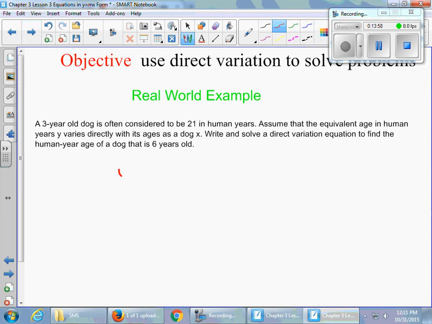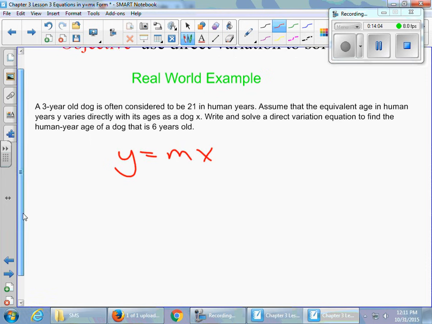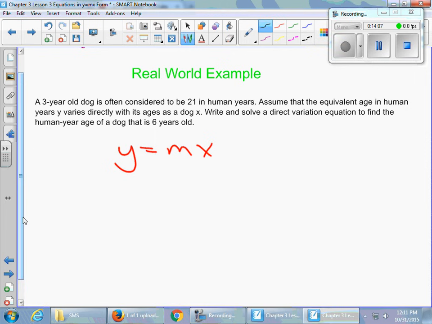So here's our formula for this lesson: Y equals mx. X equals the dog's age. Y equals the human age.